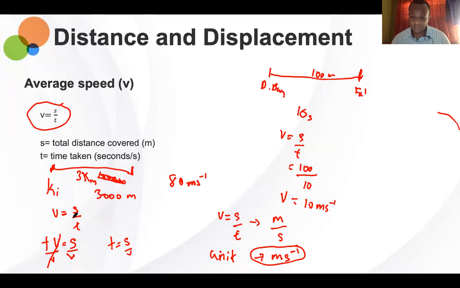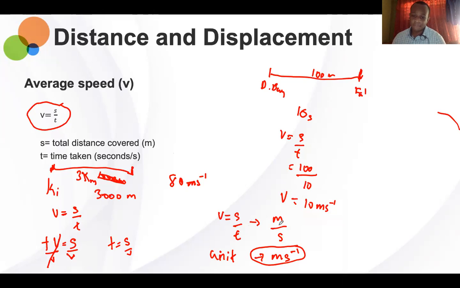Now we can move on to the unit. If V is equal to S over T, what is our unit for the total distance covered? Meters. And what is our unit for time? Seconds. All right, perfect. So it would be meters over seconds.